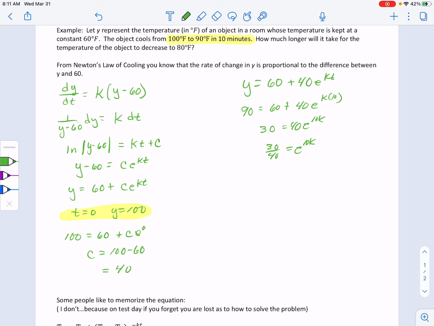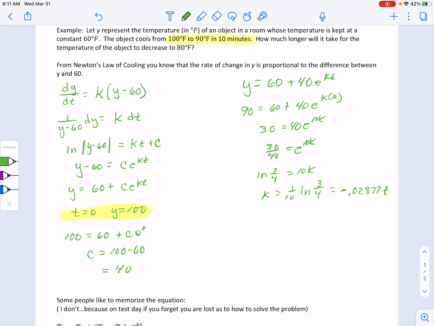Take the natural log of both sides. The natural log of 3/4 equals 10k. So k is equal to 1/10 the natural log of 3/4. And if you put that in your calculator, you get negative 0.02877, which makes sense because the temperature is decreasing, so it should be negative.